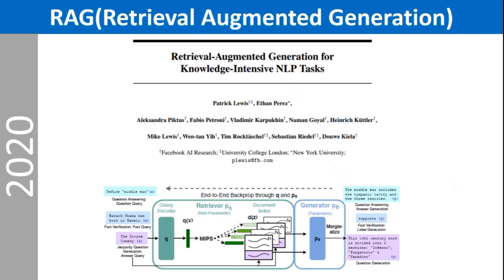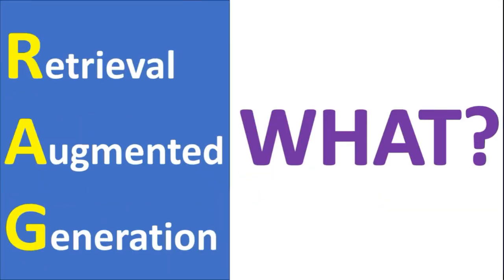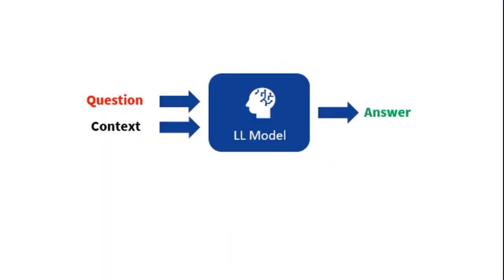Now, retrieval-augmented generation, or RAG, has emerged as a promising solution by incorporating external knowledge into these language models. So what is RAG? Unlike traditional models, RAG uses external knowledge to enhance its responses.